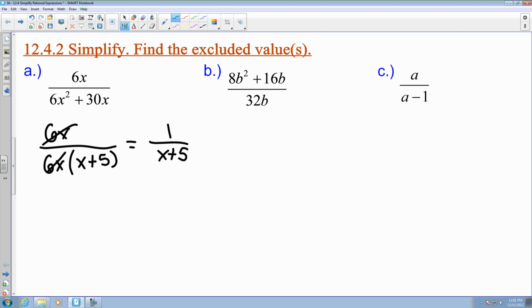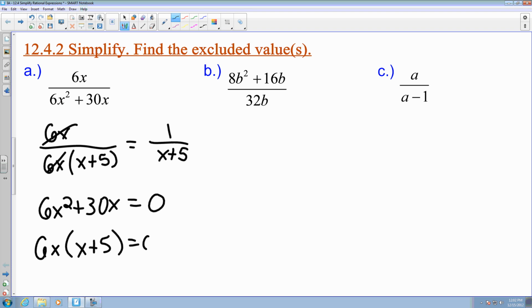Now, the second portion is they want you to find the excluded values. So I'm going to go back to the original expression, and I need to find where 6x squared plus 30x equals 0. Again, we can factor out that 6x, which gives you 6x times x plus 5 equals 0.